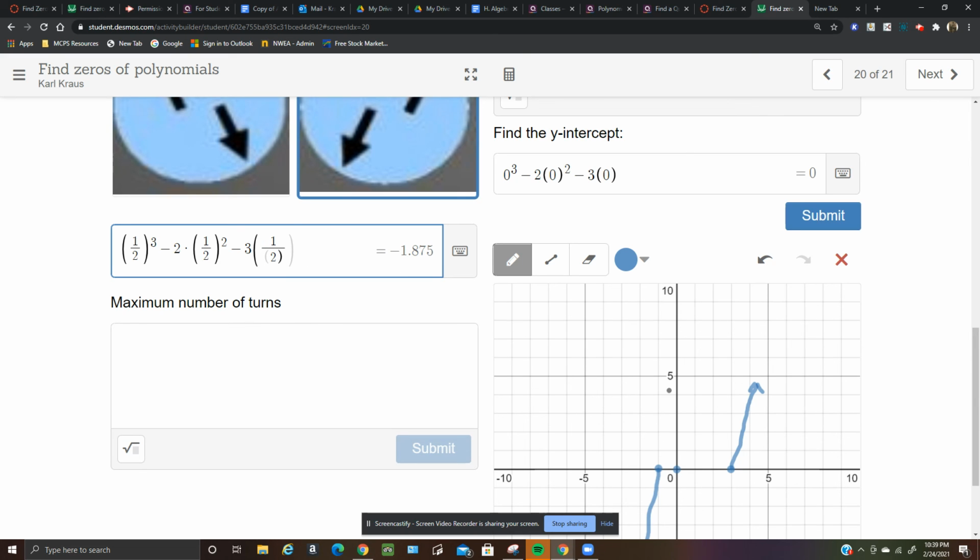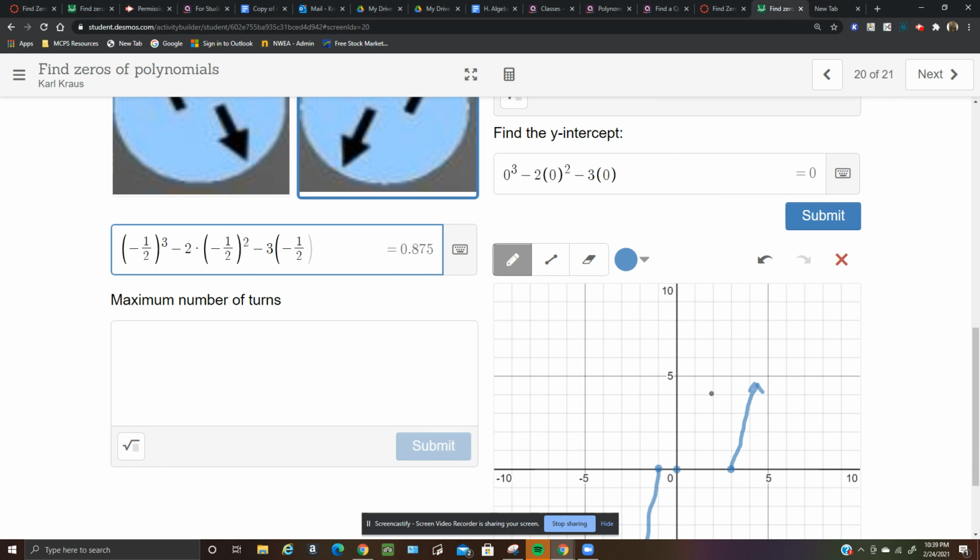So at 1/2, let's make this negative 1/2 here. So you get about 1 there. So up here.